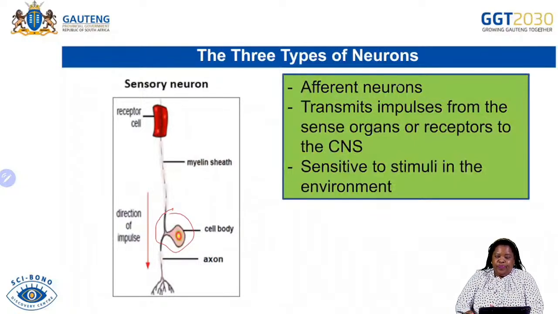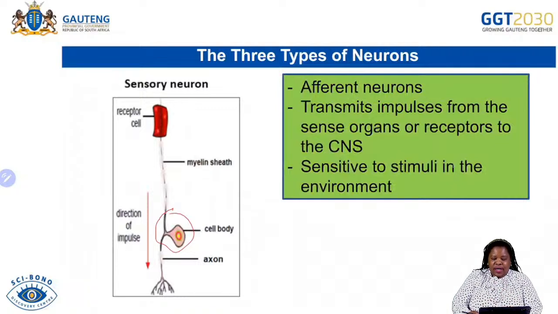That's the other name. What is the function of the sensory neuron? It senses and transmits the impulses. Where to? So the afferent, which is the sensory neuron, transmits impulses from the sense organs or receptors. Where to? To the central nervous system.